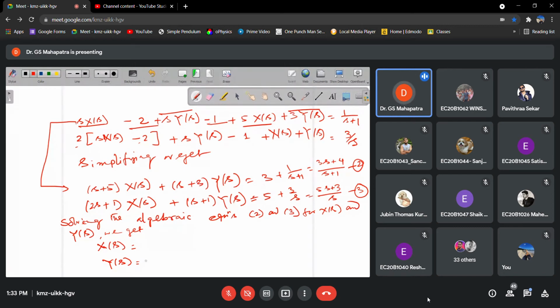You eliminate y of s first by multiplying something, and the second time you eliminate x of s by multiplying something, just algebraic equations. This one is for odd. This is for even.